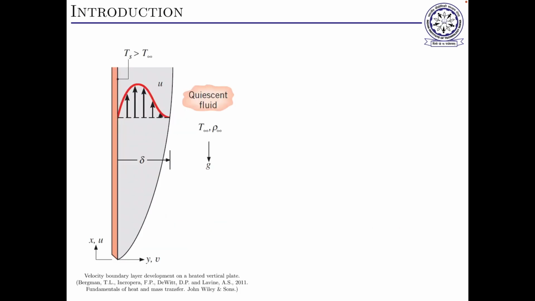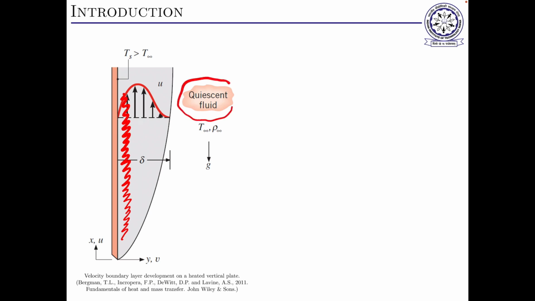But for our mechanical or engineering analysis, we keep things simple. Here the motion is in the vertical, upward direction. So we take a flat plate which is vertical, and the fluid that is close to this surface, if the surface is at a higher temperature than the fluid, gets heated up and starts moving upward.